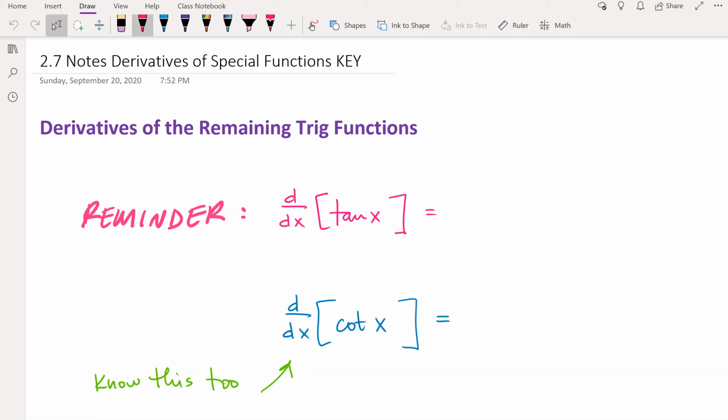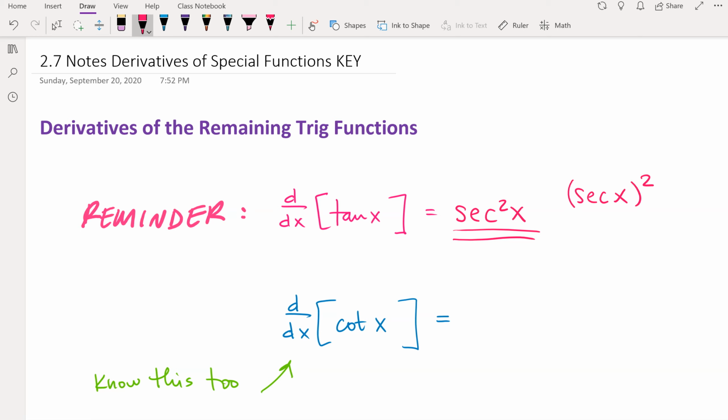Okay, so as a reminder, the derivative of tangent x is secant squared x, which is the same as writing secant x squared. That means the same thing, but in calculus we're going to represent it this way.